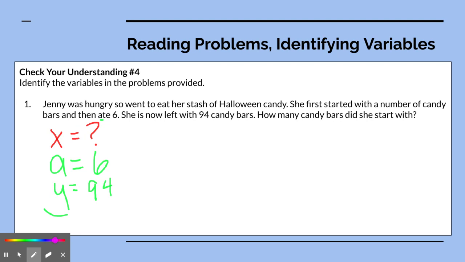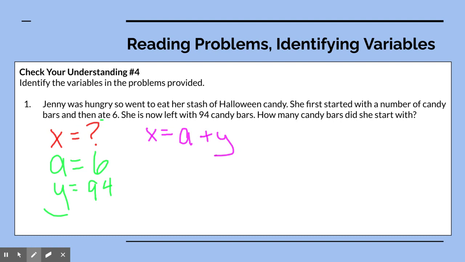You could come up with 2 different equations here. One equation is x is equal to a plus y. Because she ate 6 and she's left with 94, we can add back the number that she ate to the number that she's left with, and we should get the number that she started with.